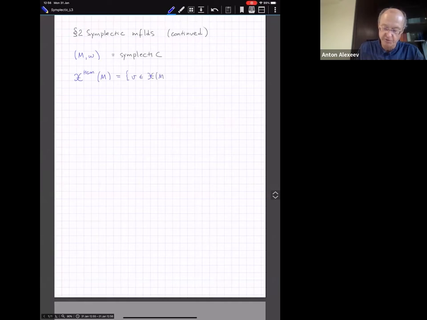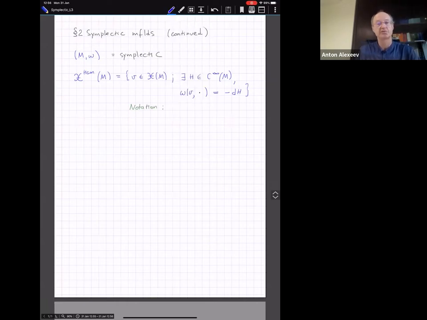Vector fields on M with the property that there is a smooth function h such that omega evaluated on the vector field, and we decided with a sign, is equal to minus dh. In any event, that's an exact one-form, plus dh or minus dh. So I think we have to choose minus dh. And here is a notation.